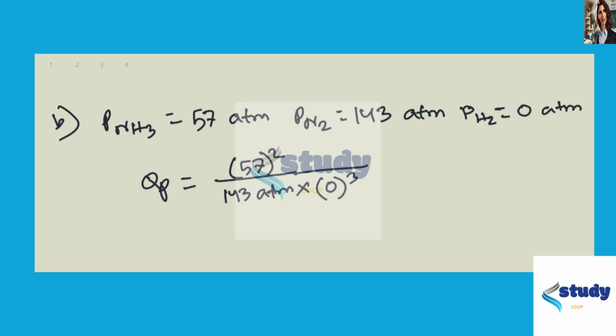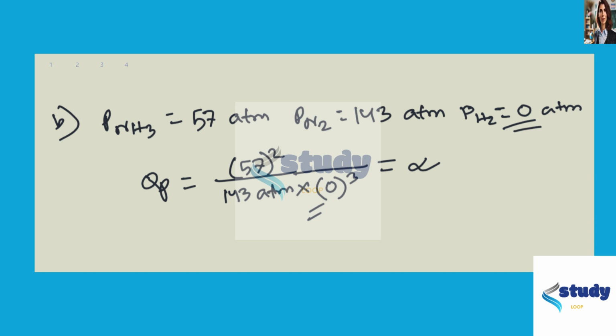Since there is no hydrogen present, the reaction has already gone to completion. Since there's a 0 in the denominator, the value will be infinity. That means the reaction quotient for this mixture is infinite.